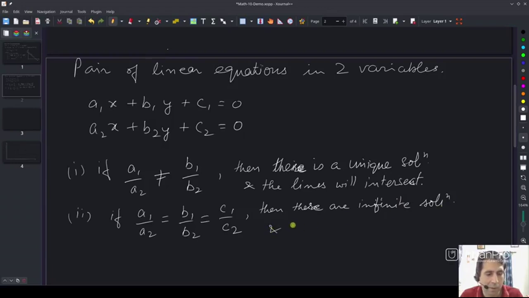And the lines will coincide with each other.